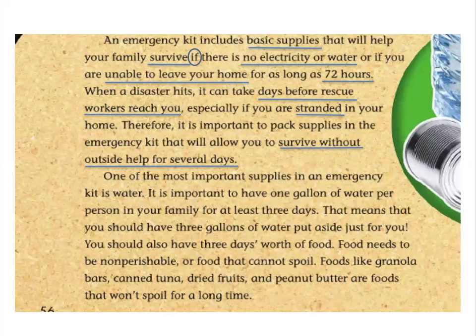So remember, we're continuing to answer the question, why is it important to be prepared for an emergency? Go ahead and read the next paragraph.